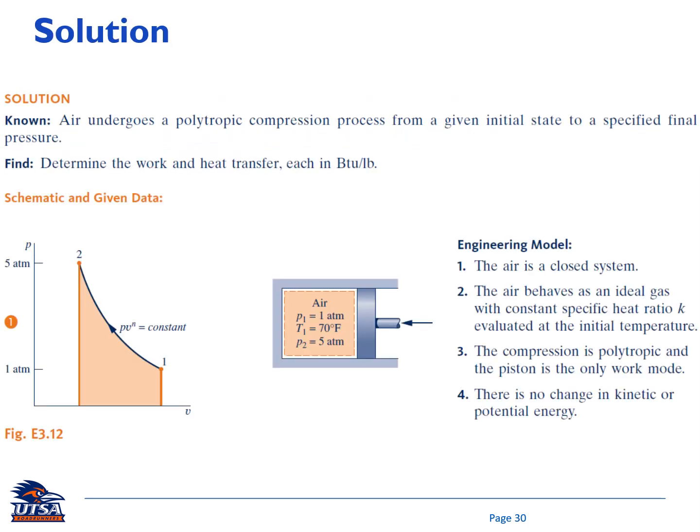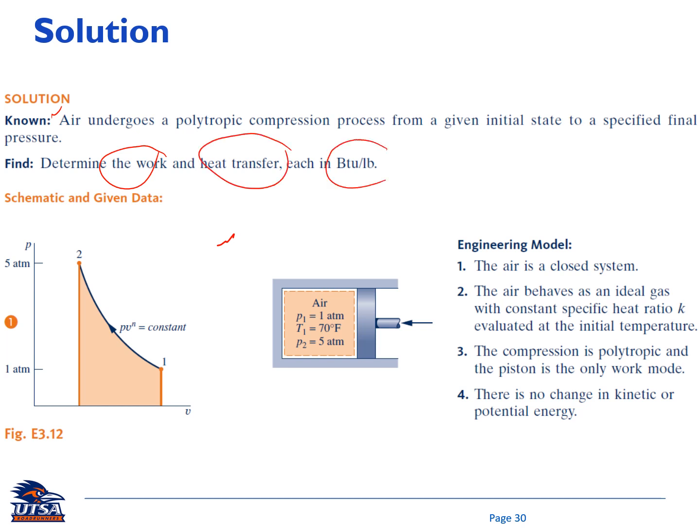For sure we need to start with this step. What is known? Air undergoes a polytropic compression process from a given initial state to a specified final pressure, and we need the work and heat transfer each in BTU per pound.